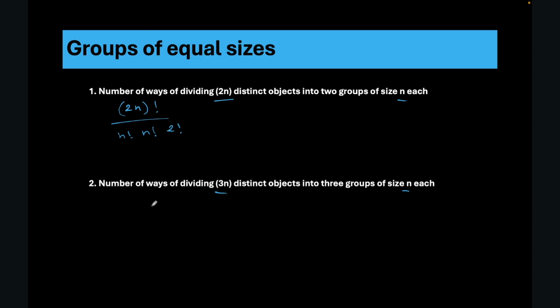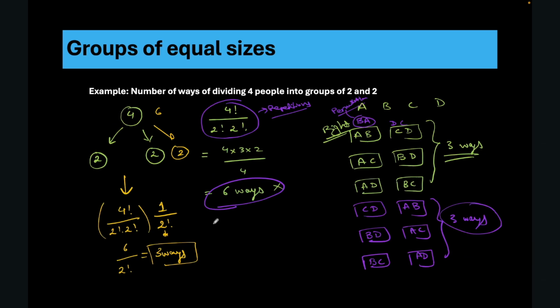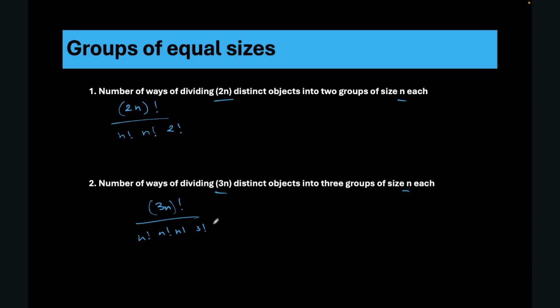That was the whole situation, and I think you can figure this out on your own. So this would be n by n by n by 3 factorial. It's the same thing. It really doesn't matter if you can understand what we did in these 2 examples.